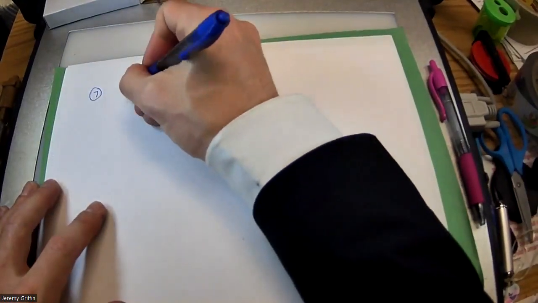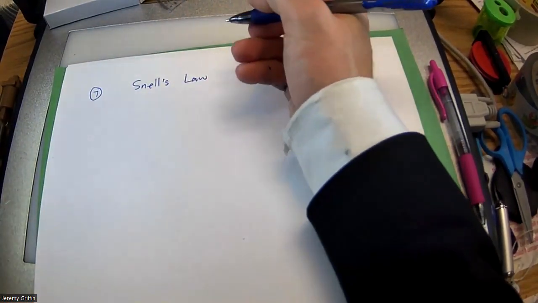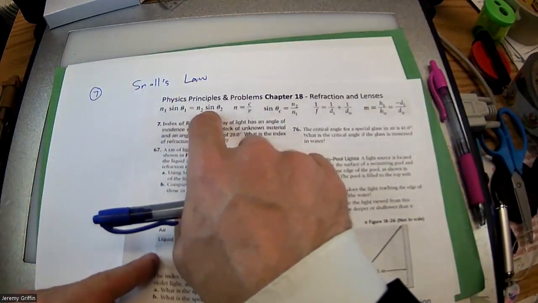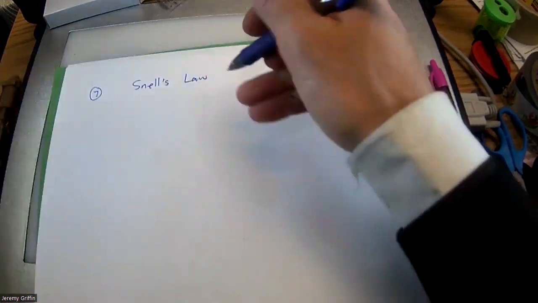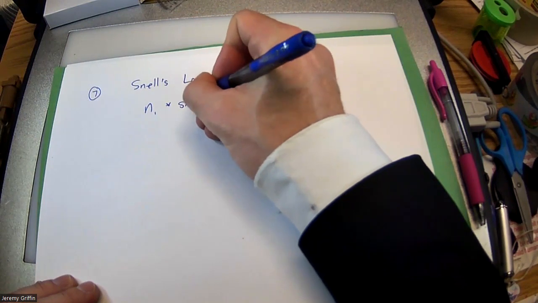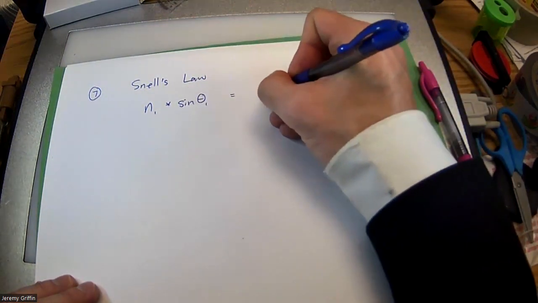You guys remember Snell's law? It's this first one right here. Index of refraction times sine of the angle is true on both sides of the material.